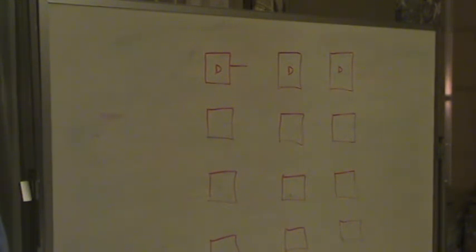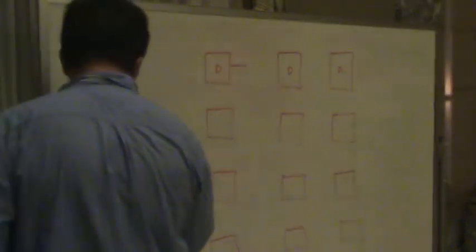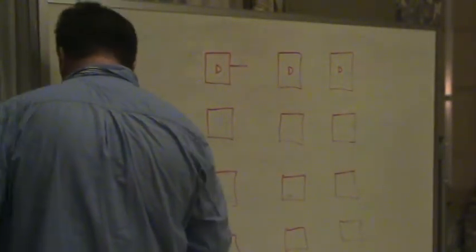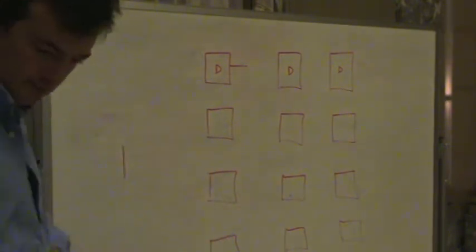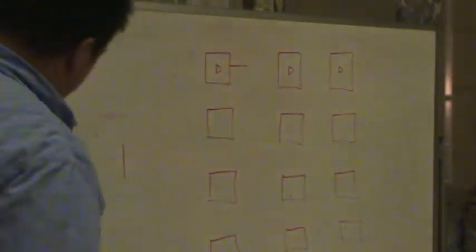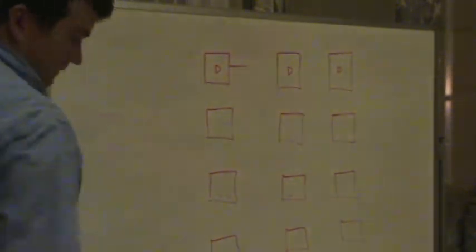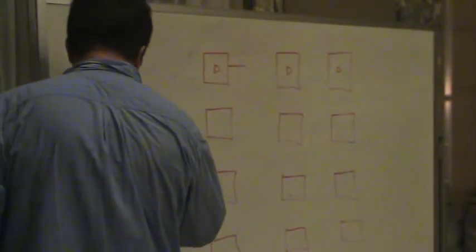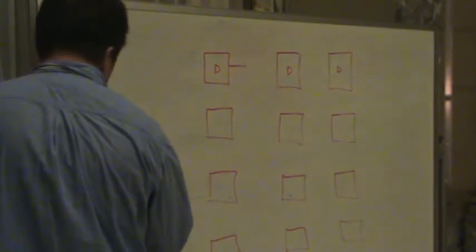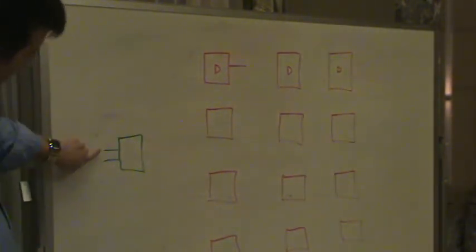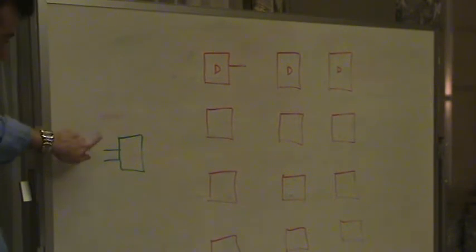And then we're going to have a decoder, a 2-bit decoder. So the decoder says we have 2 inputs. We could apply any binary number from 0 to 3.